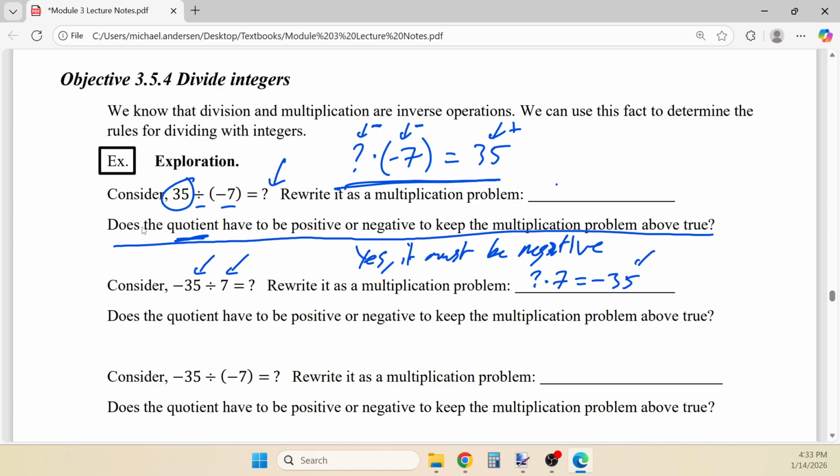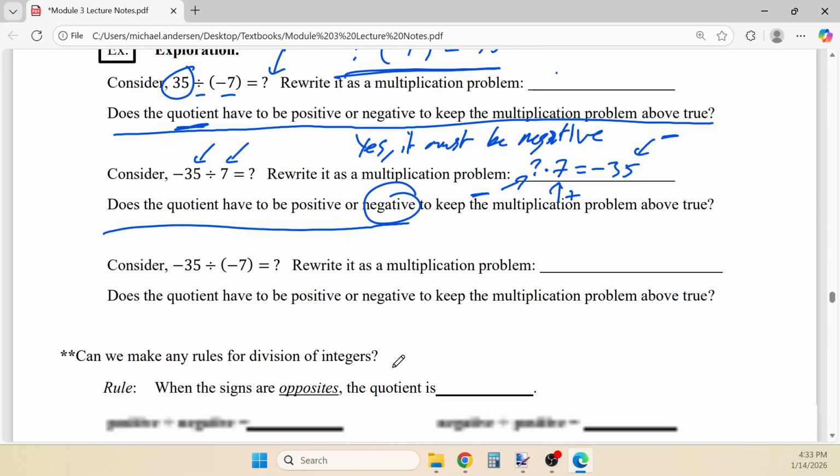Now, this is negative. This is positive. The only way you get a positive number times something to equal negative is if the something was negative. Does the quotient have to be positive or negative? It has to be negative. I'll let you do the other one yourself.